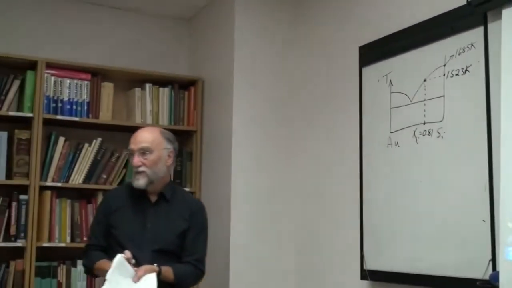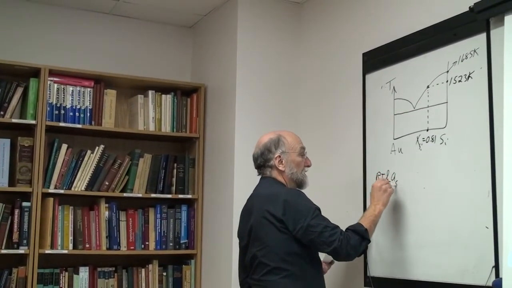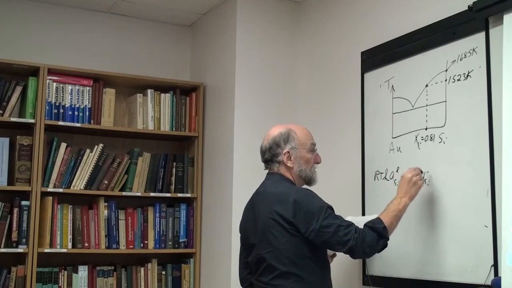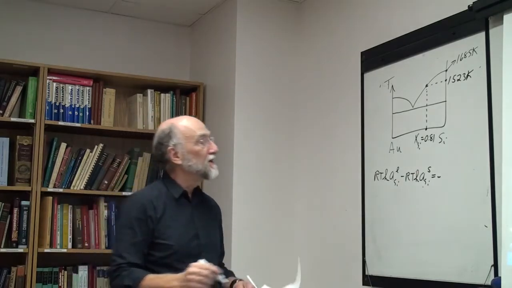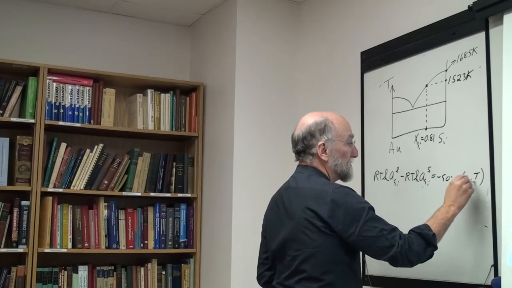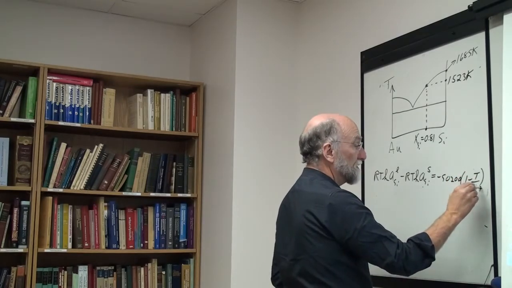Okay. Now I can write out RT log activity of silicon on the liquidus minus RT log activity of silicon on the solidus equals minus the Gibbs energy of fusion of silicon, which is minus 50,200 (1 minus T over 1687).